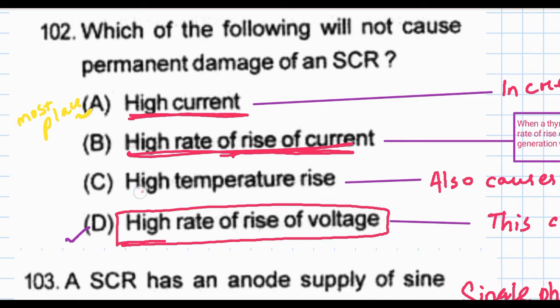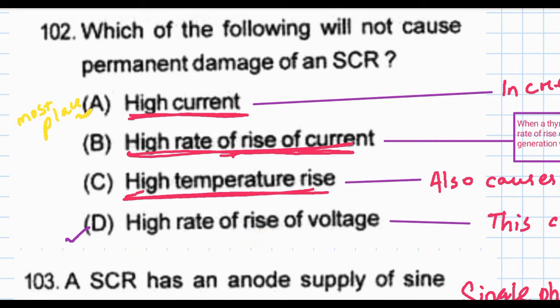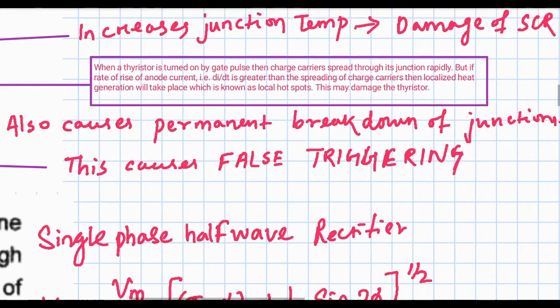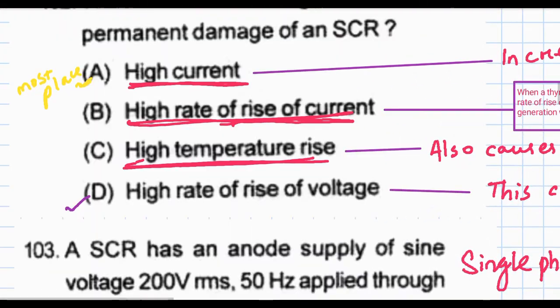So A, B and C cause permanent damage to SCR, but high rate of rise of voltage will not cause permanent damage. This will cause false triggering or unwanted turning on of that SCR. So in my opinion, this is the perfect answer for this question.